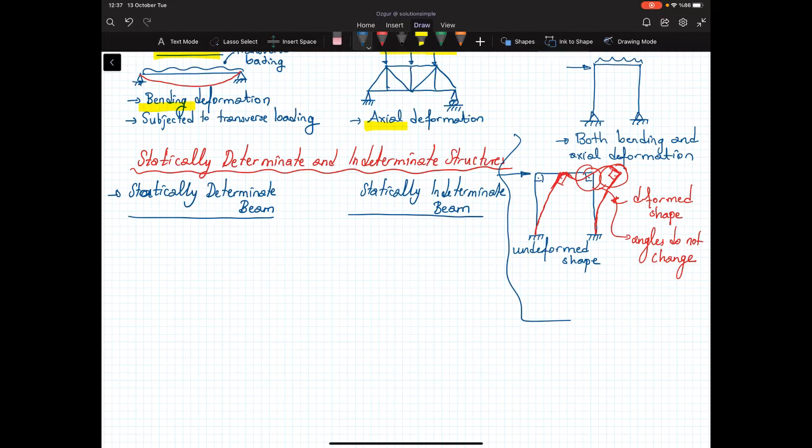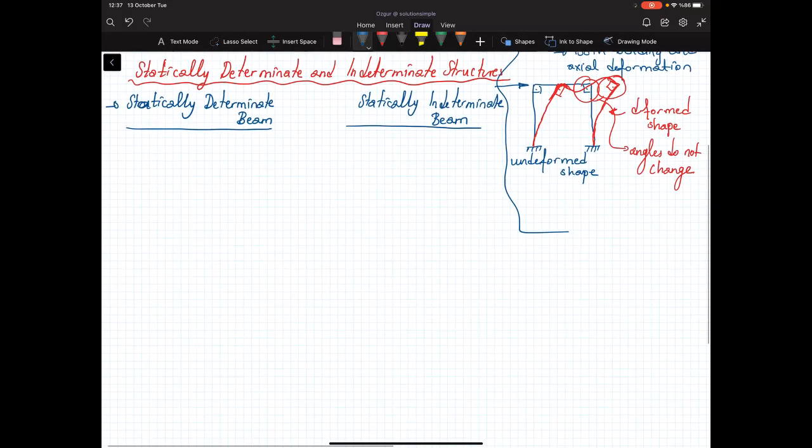The statically determinate beam is the simplest beam that we can have, right? We have a simply supported beam, let's say here, and it is subject to certain loadings. Remember that that's a beam, so I'm interested in only the bending deformation.